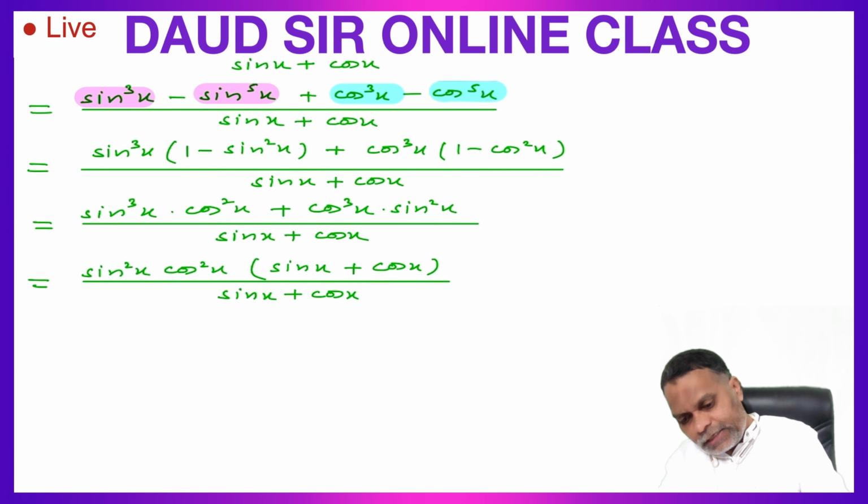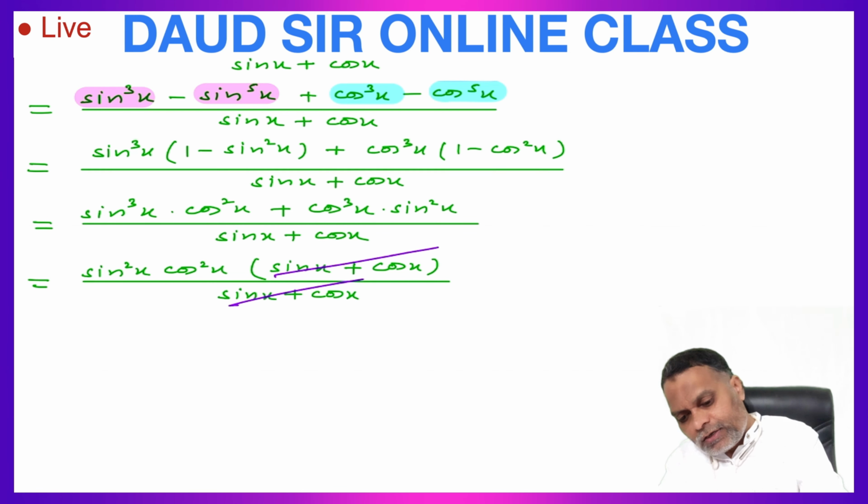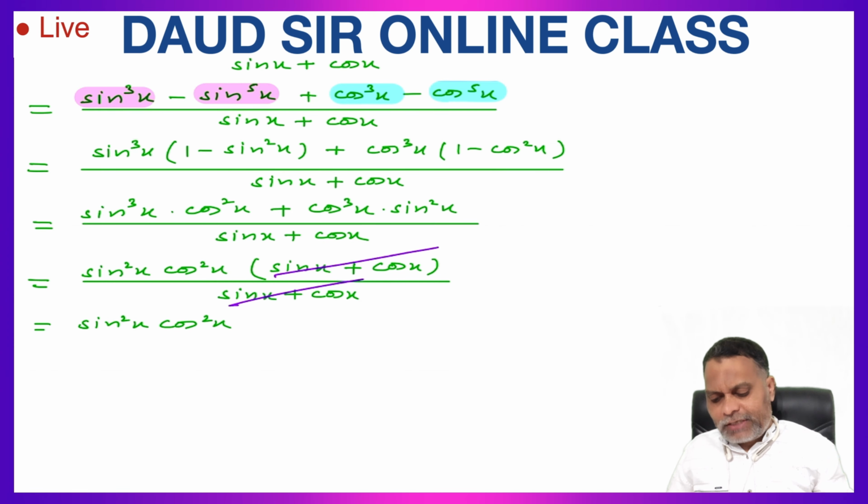This sin x plus cos x and sin x plus cos x cancel, and here sin square x cos square x is left. This is our left hand side.